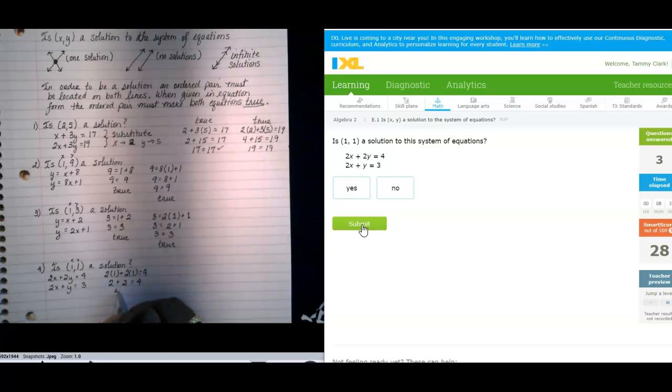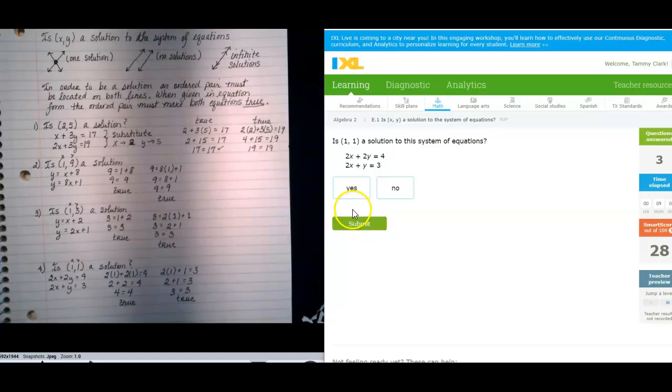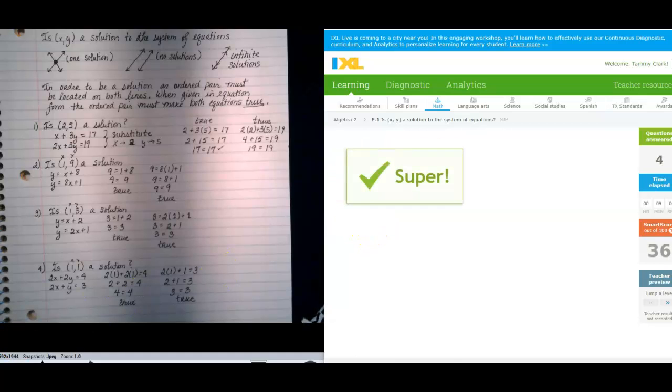Well, 2 plus 2 is 4, and 4 does equal 4, so that is true. We're testing the second point. 2 multiplied by 1 plus 1 equals 3. 2 times 1 is 2, plus 1 equals 3. 2 plus 1 is 3 equals 3. That is true. So we've seen that a lot of these are true so far.